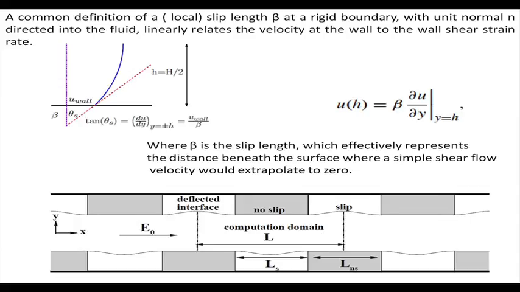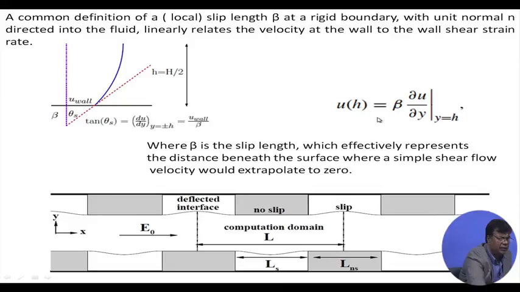Now we want to do the same thing in the electroosmotic flow. We can define this slip length in this manner, where u at y equal to h is the slip plane. We put a relation between the shear stress and the tangential velocity.